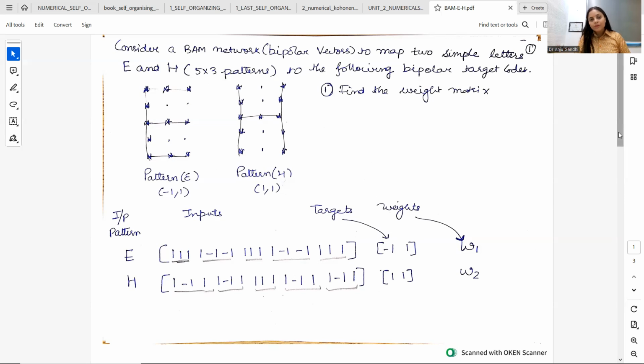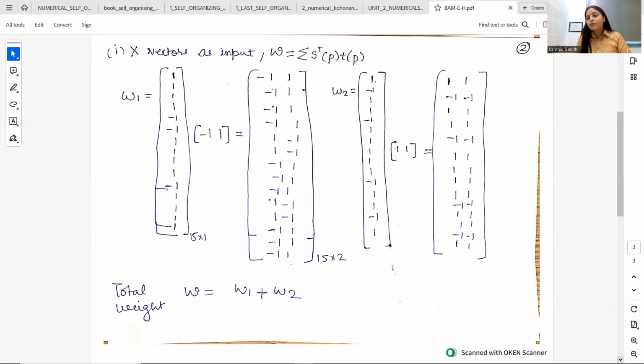Moving further, we first find the weight of pattern E. W1 will be the input vector of E times the target vector. As per the bidirectional associative memory algorithm, we take the summation of the products of the transpose of the source pattern and the target pattern.